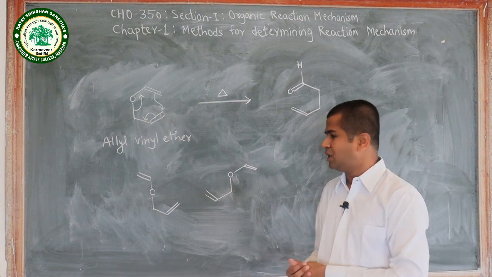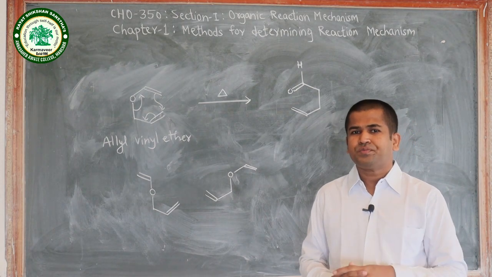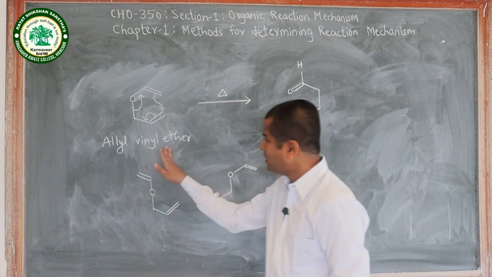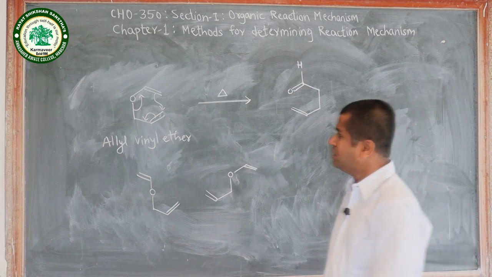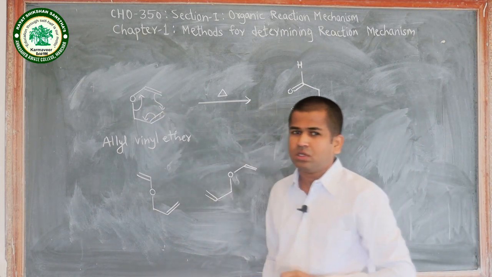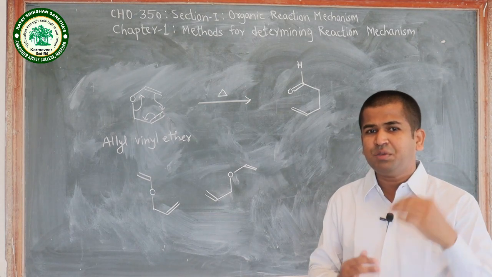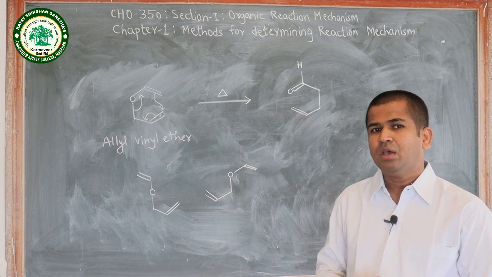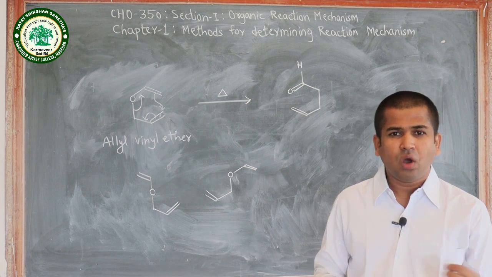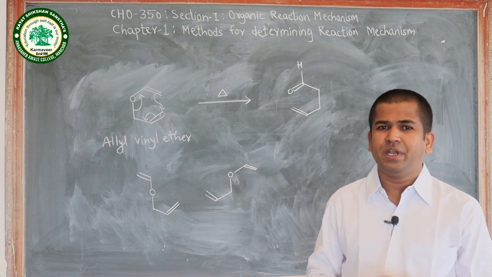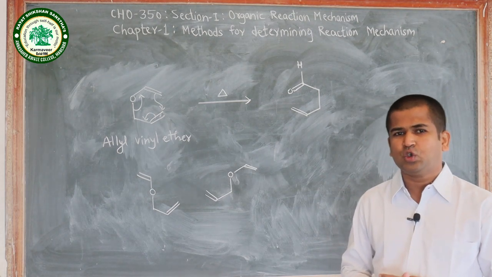There are many more conformations, but in order to get a product, the substrate in a transition state must come in such an orientation that these two ends come close to each other. That means this allyl vinyl ether has to come in a 6-membered transition state. So when it comes in a 6-membered transition state, all its other conformations are lost. That means its degree of freedom is lost, and therefore the entropy of activation is also lost.